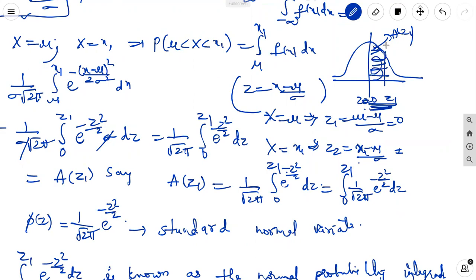That area is called A of z1. From this only we can find out the areas.